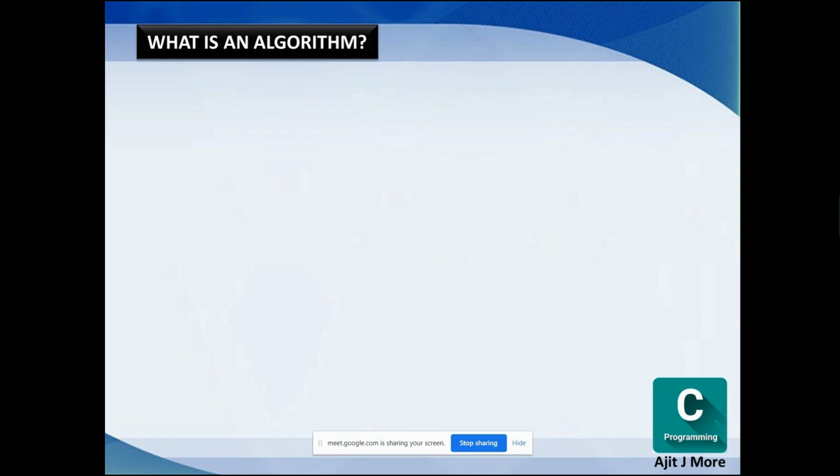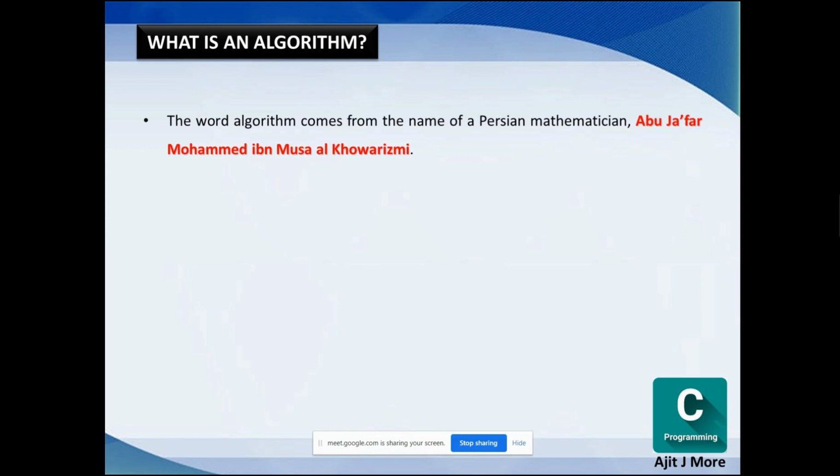So what is an algorithm? Al-Khwarizmi said, if you want to find a solution to a problem, write a detailed sequence of steps, and once we follow it, we'll get the desired result. I'll come to the systematic definition.